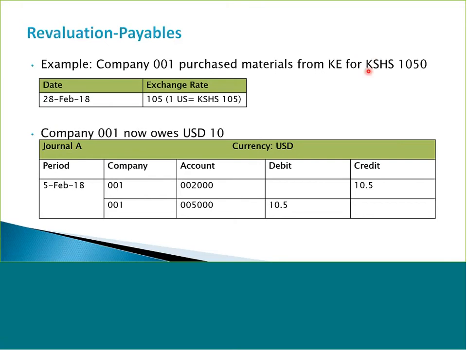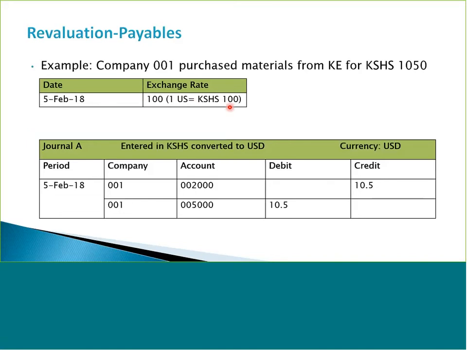However, at the end of the period, because exchange rates usually change, this is the effective exchange rate on this day, on the last day of the period. So the dollar, $1, is now changing for 105 Kenya shillings. In the previous example, on the 5th of February, it was changing for 100 Kenya shillings.